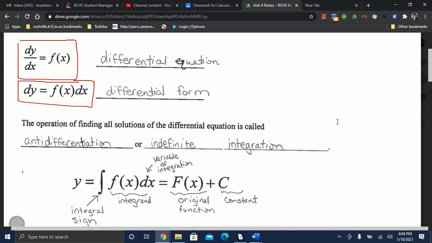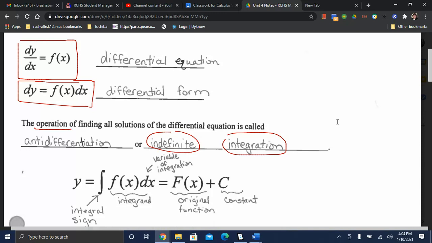So as I said before, the operation that you'll be performing is known as anti-differentiation or indefinite integration. So these would be a couple of new words for you. Indefinite integration. Later on, we will distinguish between indefinite and definite integration.